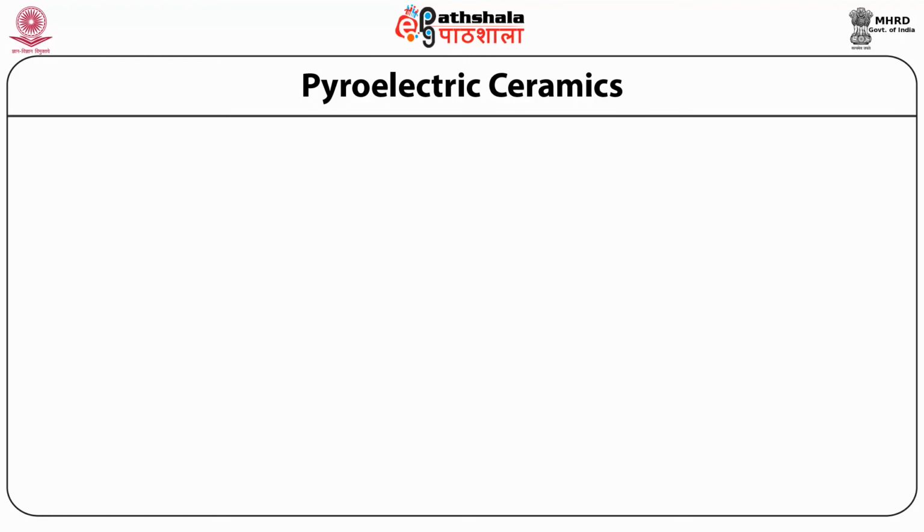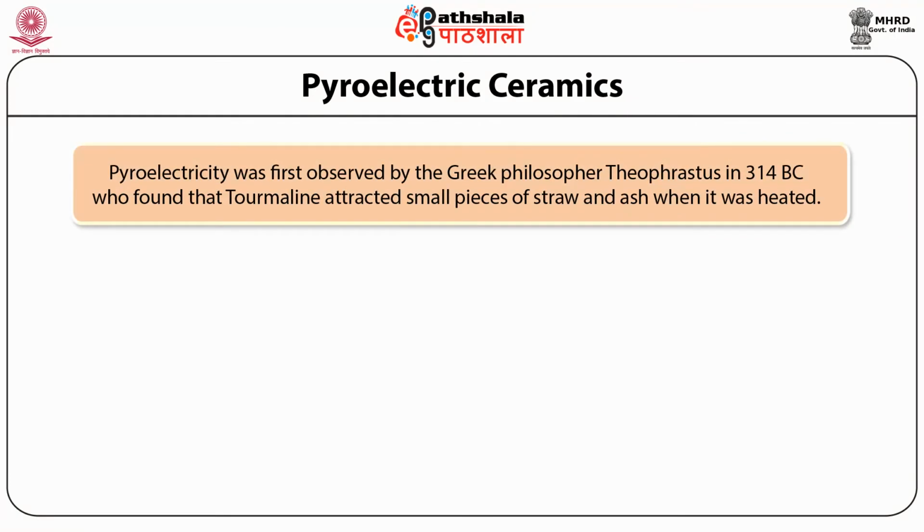Before moving on, let us discuss the history of pyroelectricity. Pyroelectricity was first observed by the Greek philosopher Theophrastus in 314 BC, who found that tourmaline attracted small pieces of straw and ash when it was heated.